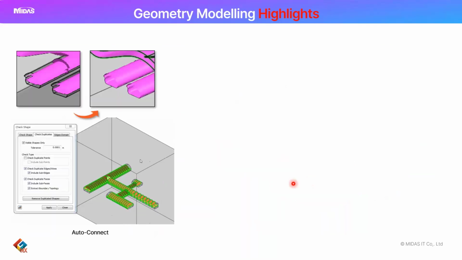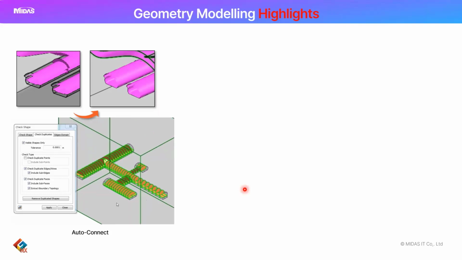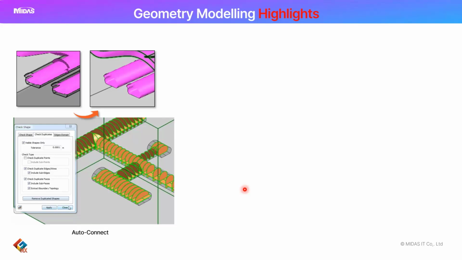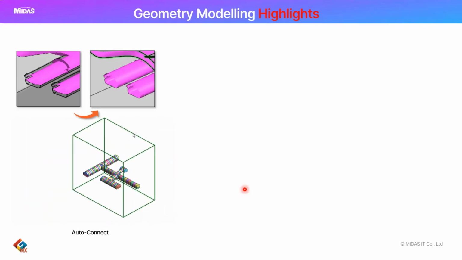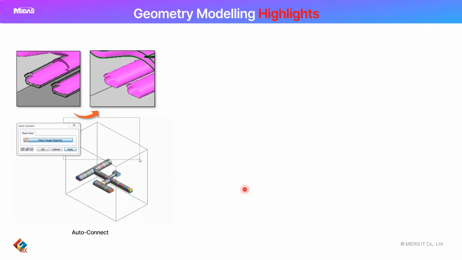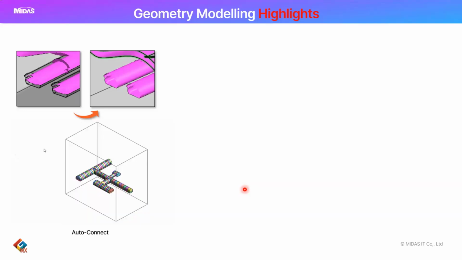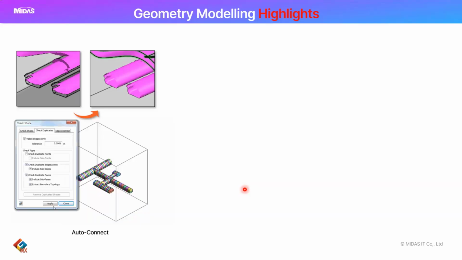Now we will talk about each aspect of the workflow and the features that are helpful for you. Firstly, the auto connect feature. In the case of high-rise buildings where you have hundreds of pile caps and raft bodies, you might be dealing with hundreds of solids in the model.